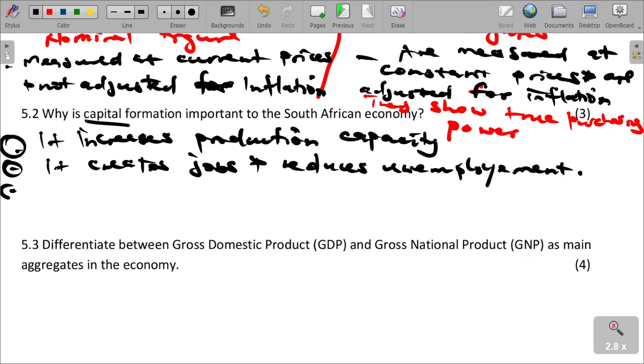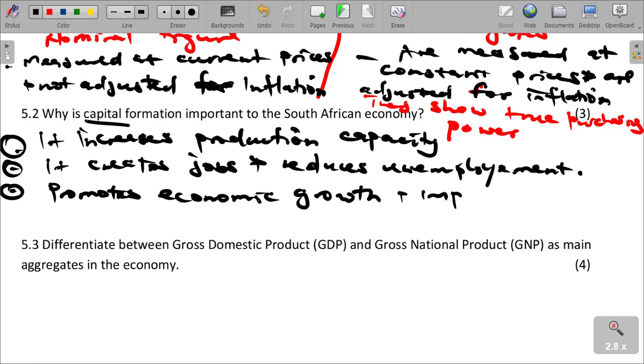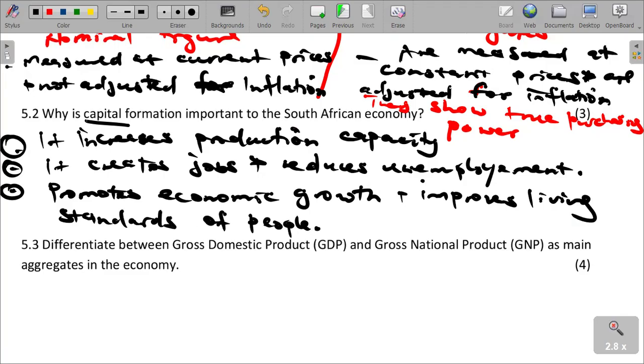We can also talk about how it promotes economic growth and improves the living standards of people.